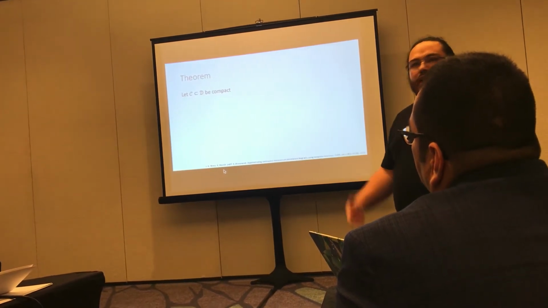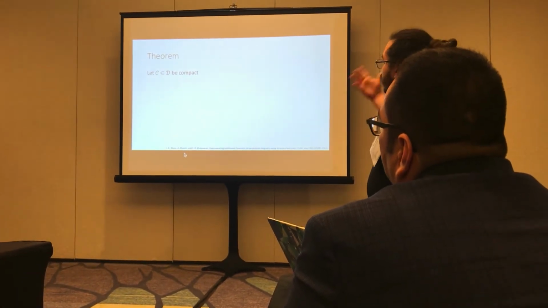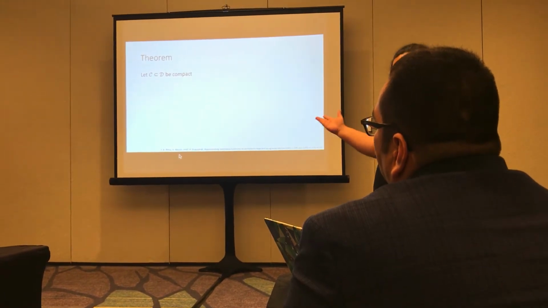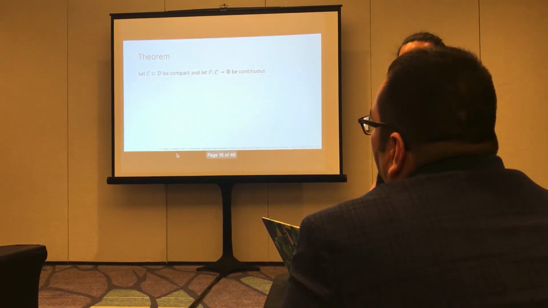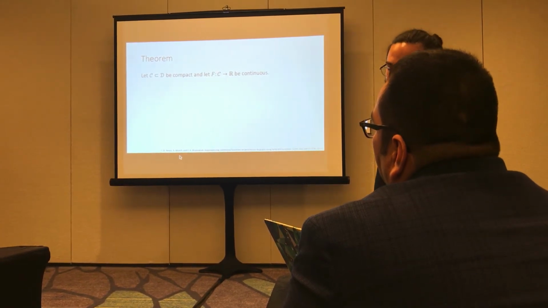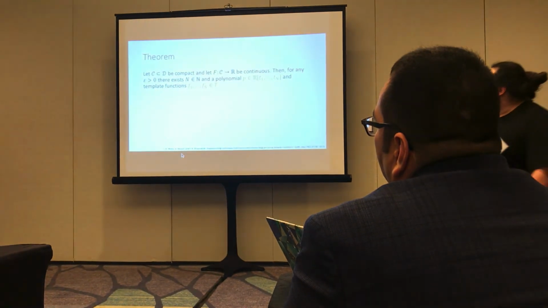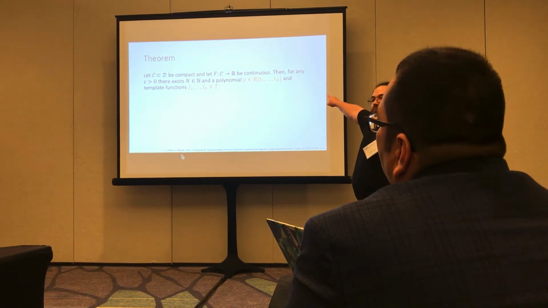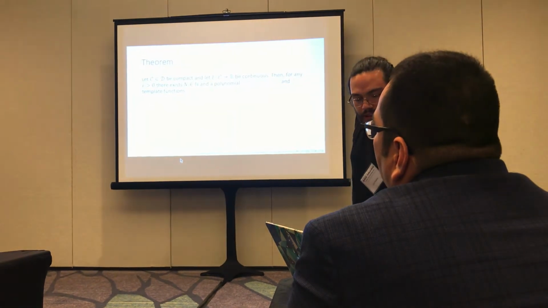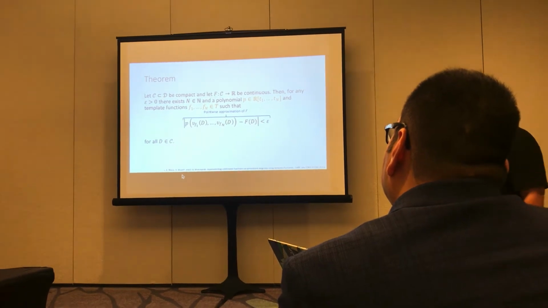We have a theorem that gives us the background that tells us why it is possible. We begin with a compact set on the space of persistence diagrams. We have a real-valued continuous function on that compact set. What this theorem tells us is that I can find a polynomial and a collection of template functions, just these functions that I'm moving around, giving a nice pointwise approximation of the function that I want.